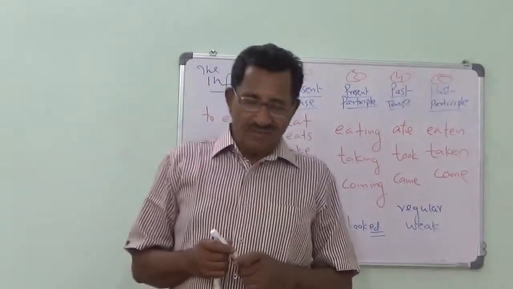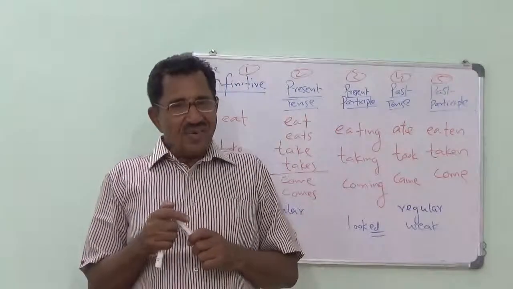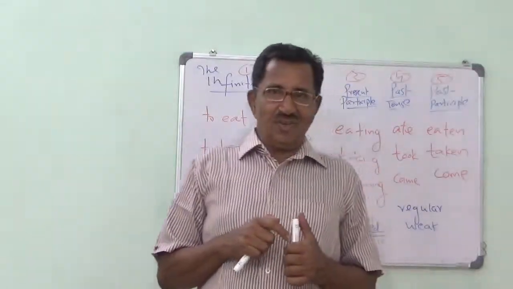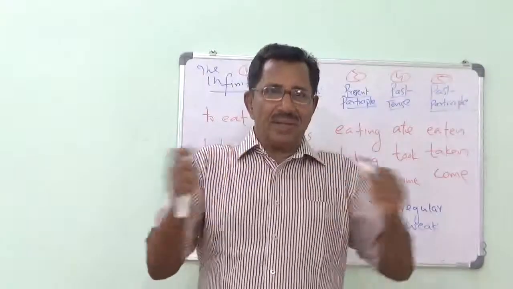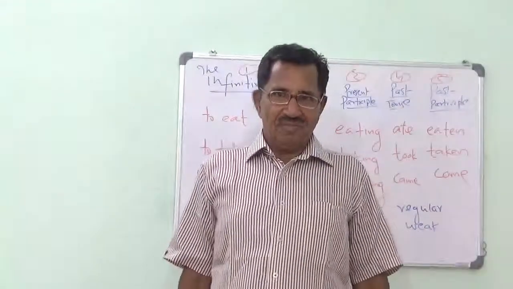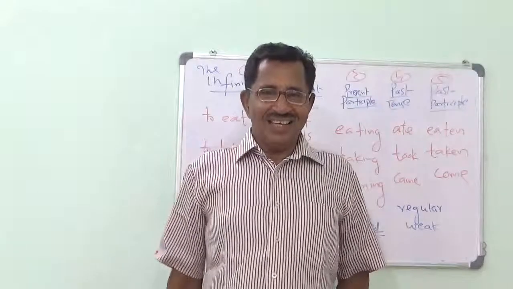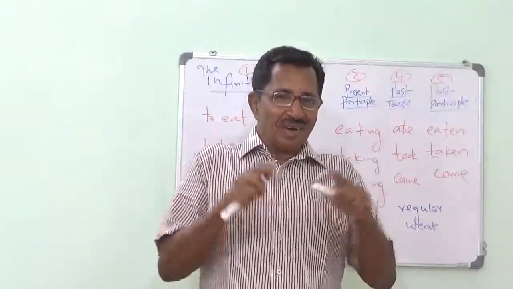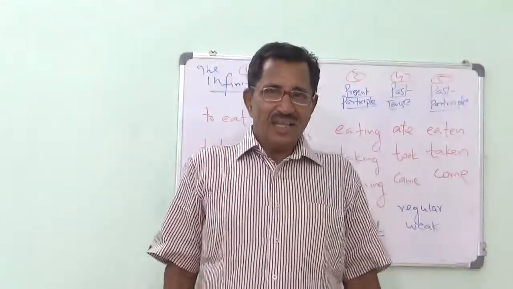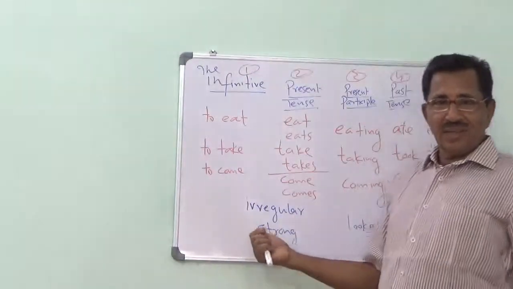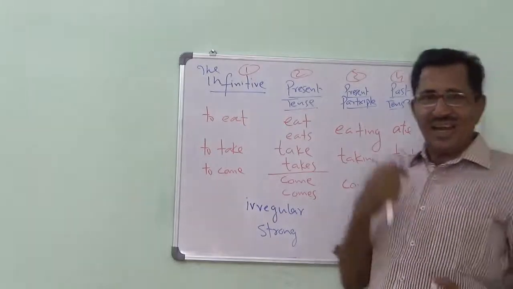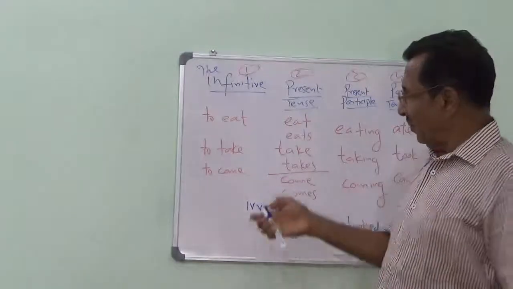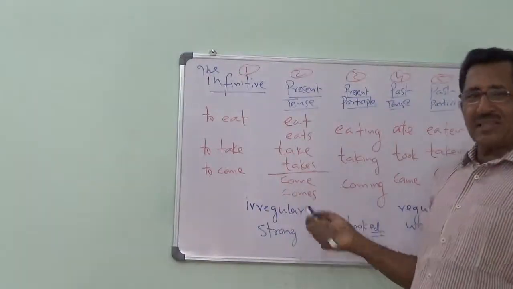And for irregular verbs, you have a very easy way to learn. You know what that is? You should take each word and learn them separately. That is the easy way. So you cannot apply a general rule. Regular verbs, of course, you can apply a general rule. What is the general rule? You add ed for the past tense. Present tense and present participle are the same.